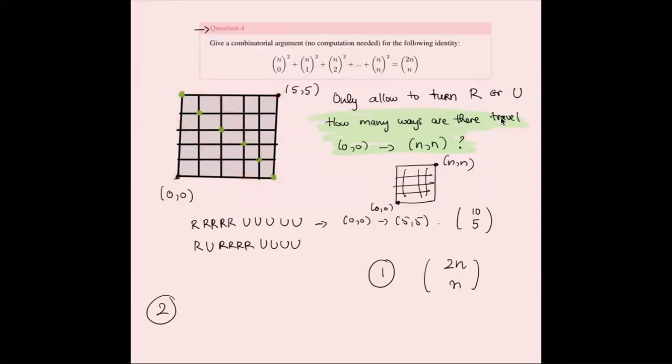You will have to touch exactly one of them. Why exactly one? Because if you touch this point, you will not be able to touch this point because it requires you to go to the left, right? And we are only allowed to go right or up.